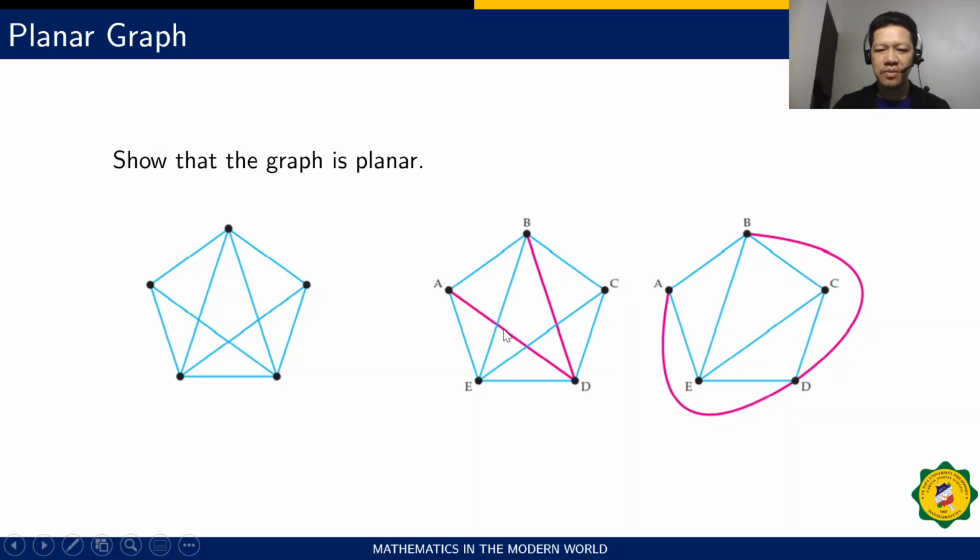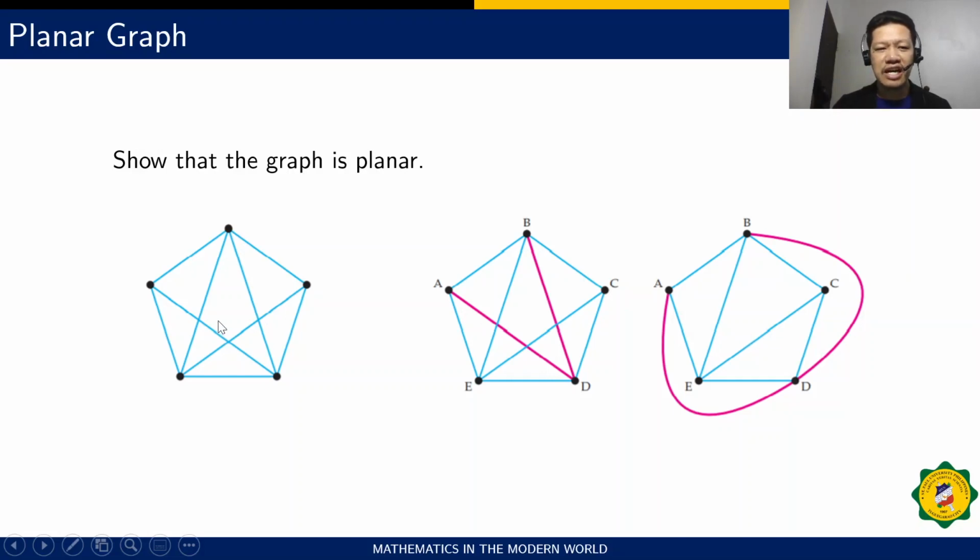We can avoid the intersection here, so you can stretch this line from A to D and put it outside that part of the graph, and the line connecting B and D, you can stretch that and put it outside too. As you can see here, there will be no more intersecting or overlapping lines, or what we call crossing over of lines.